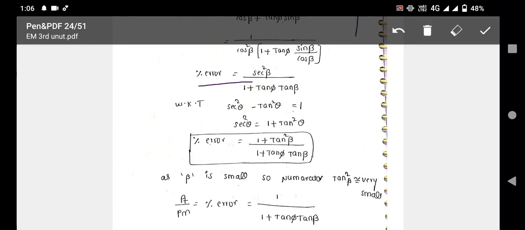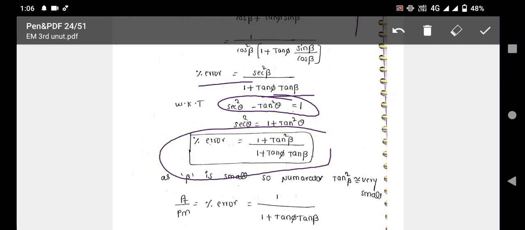Therefore, percentage error equals secant square beta by 1 plus tan phi tan beta. From that, secant square minus tan square beta equals 1. Therefore, error equals 1 plus tan square beta by 1 plus tan phi tan beta, where beta is small, tan square beta is very very small, hence percentage error can be written as 1 by 1 plus tan phi tan beta.